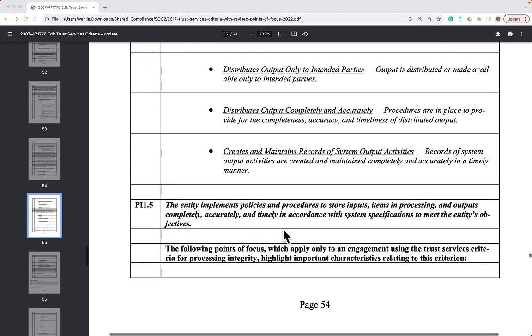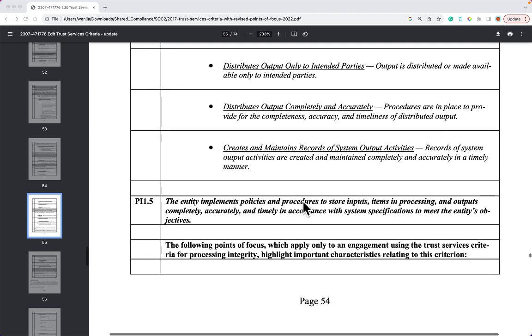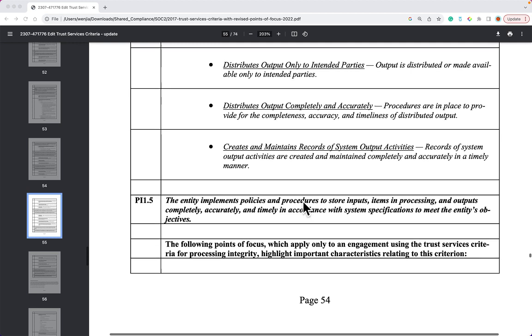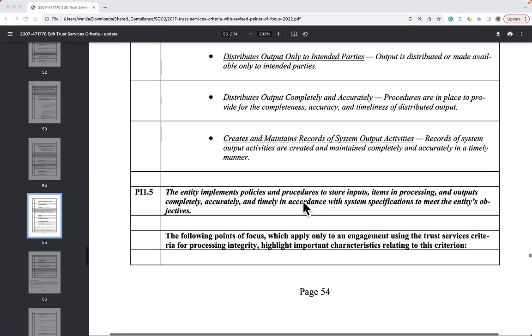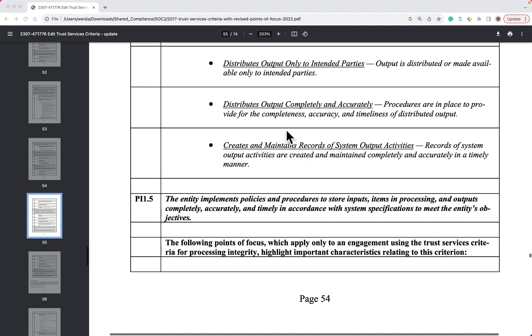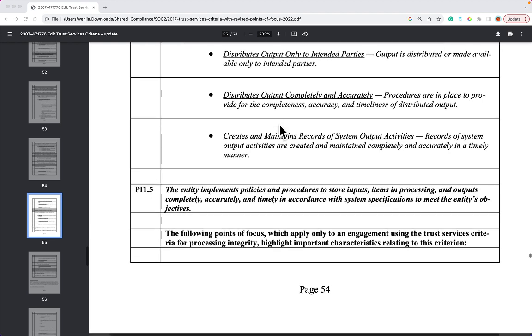Besides, this processing integrity criteria, like I said, covers inputs and outputs of the system, and both of them should be accurate throughout the processing. And of course, since there is input and output, both kinds of data are related to how they are stored and maintained.